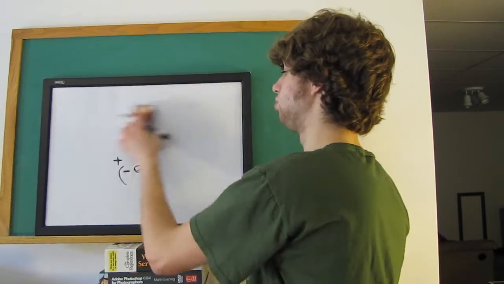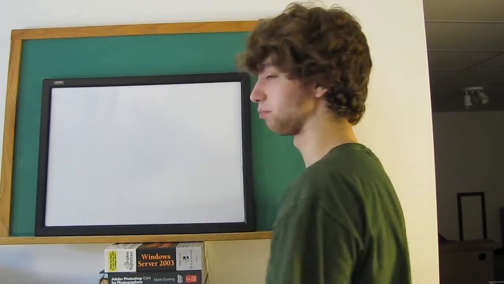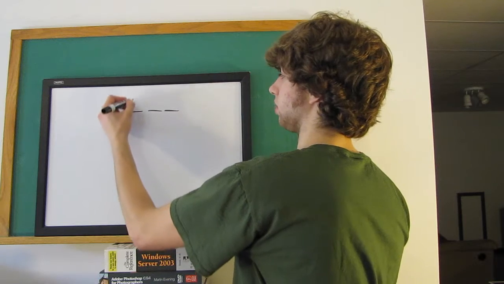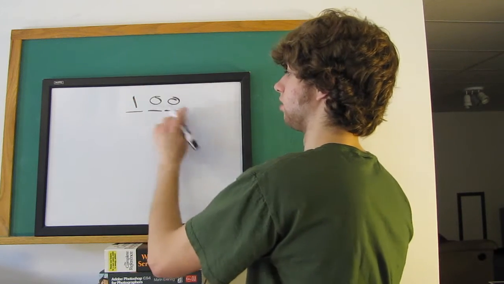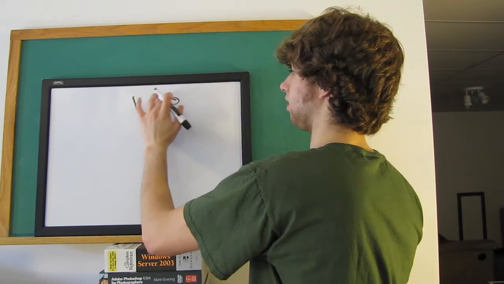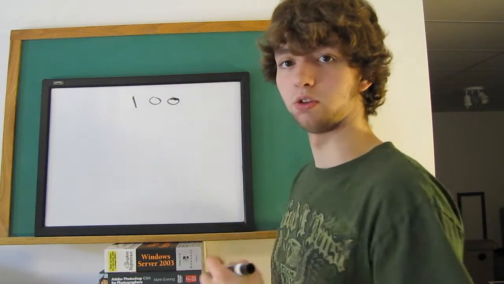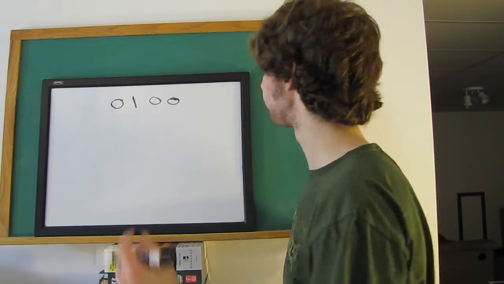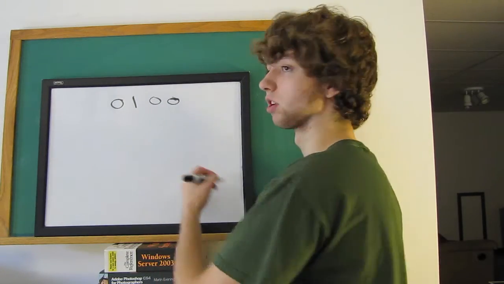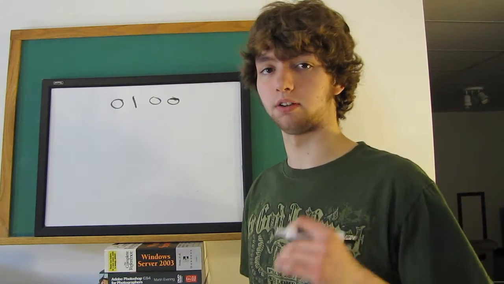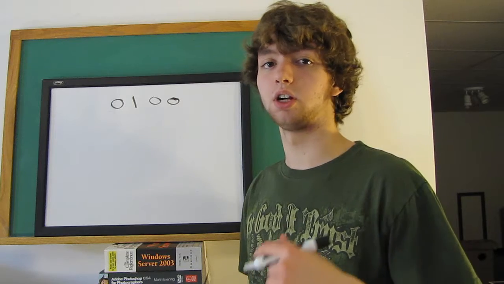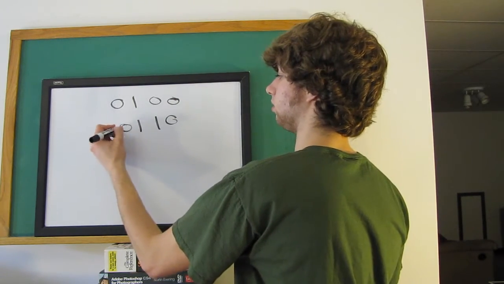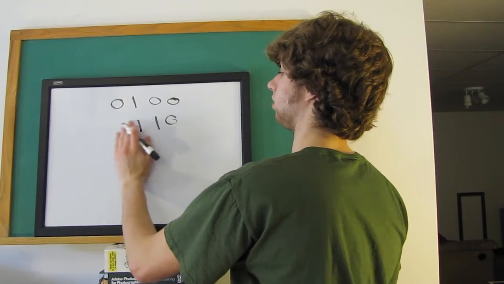So let's do this. First, let's figure out the binary value of 4. So we have the 1's place, 2's place, 4's place. So 1, 0, 0. Here is the binary value of 4. We also have a sign bit, so we're in a 4-bit system. We're going to figure out the 2's complement of 6. In order for us to do this, we first find 6, 1, 1, 0. Right?